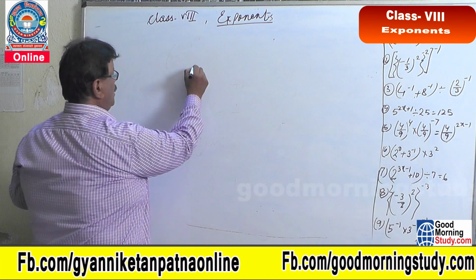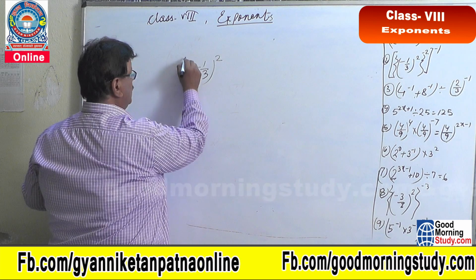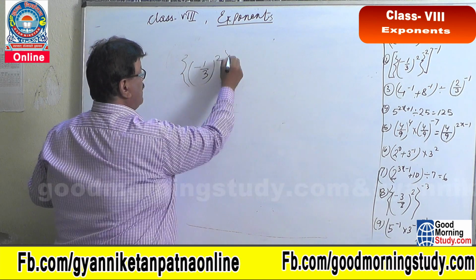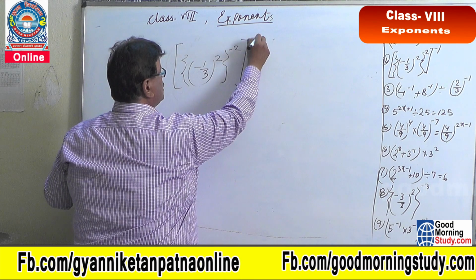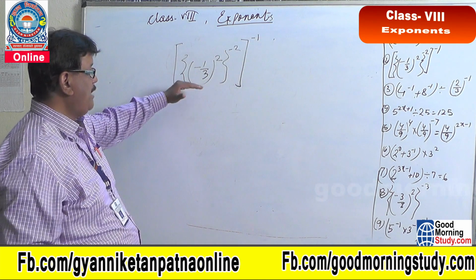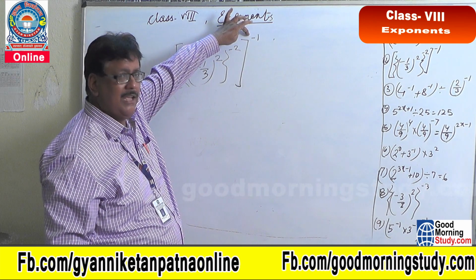Suppose we have ((minus 1 by 3) raised to the power 2) whole raised to the power minus 2, and again whole raised to the power minus 1. That is, ((a/b) raised to the power m) raised to the power n raised to the power p.